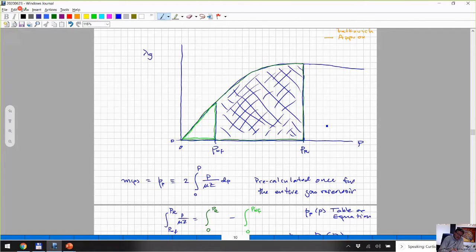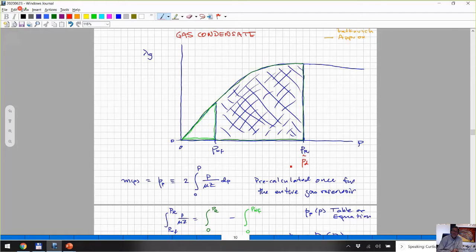So I'm going to make it in red. If we've got gas condensate, let's just say, as in the example that we've been looking at, just by chance this initial reservoir pressure here is approximately equal to the dew point.